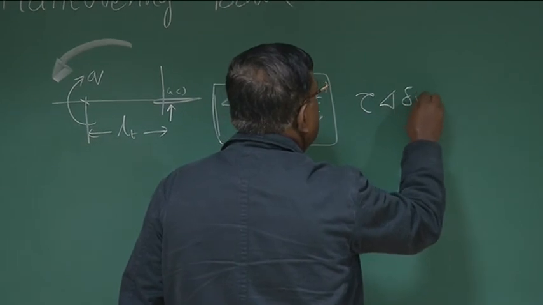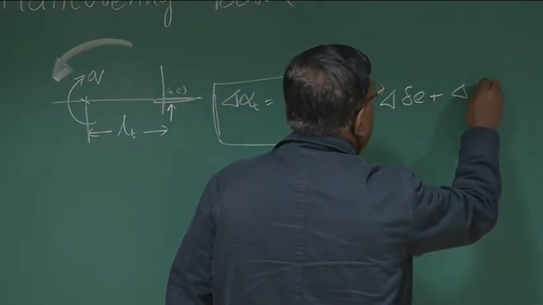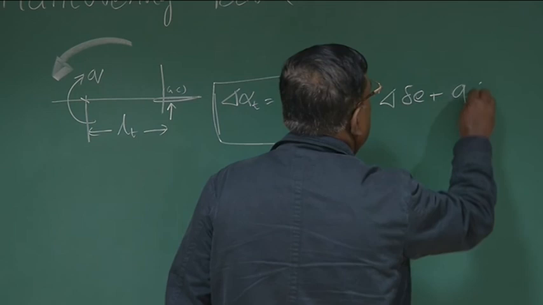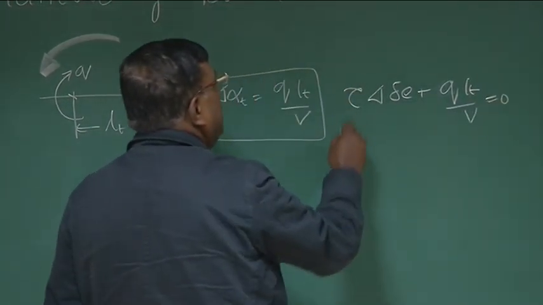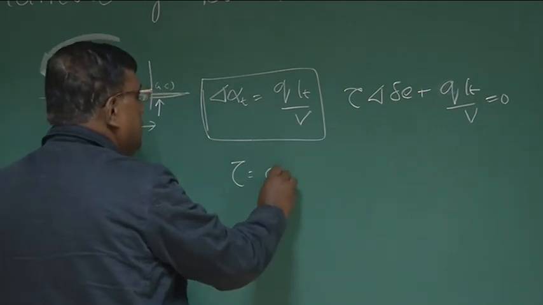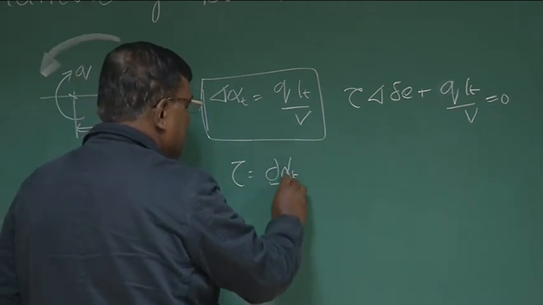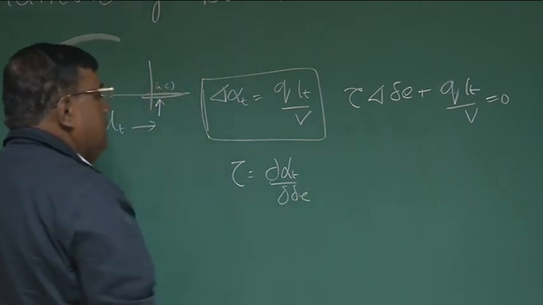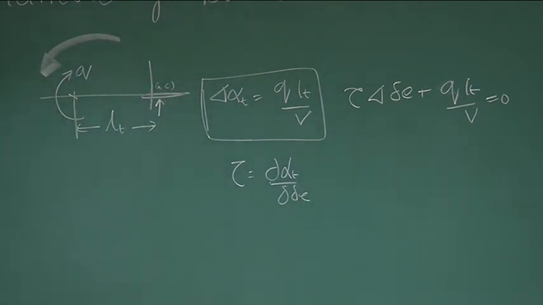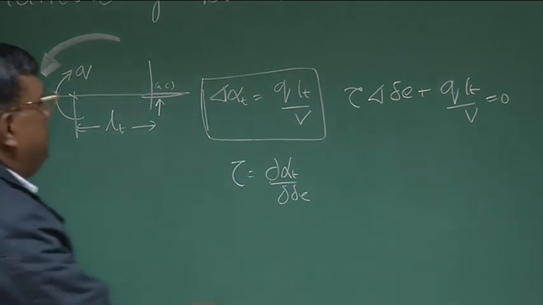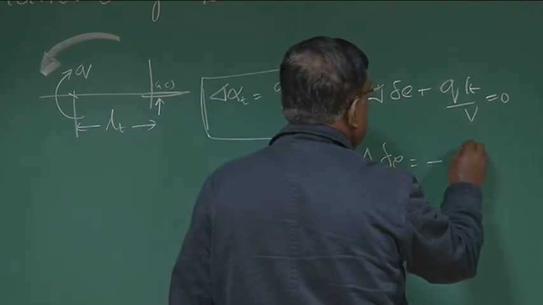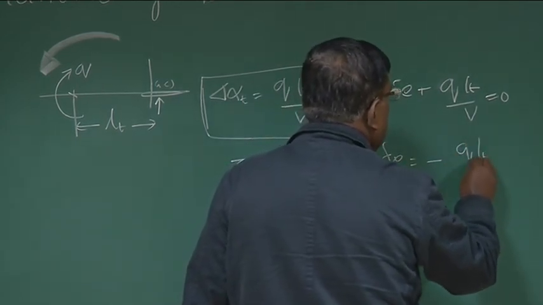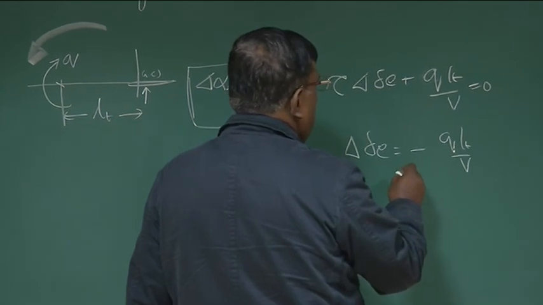We derived it like this: delta alpha t, which is Q LT by V, plus tau delta E equal to 0, because I know tau is nothing but d alpha t by d delta E. So this tells me per unit deflection of elevator how much change in the tail angle happens. And from there I found delta E required is minus Q LT by V into tau.